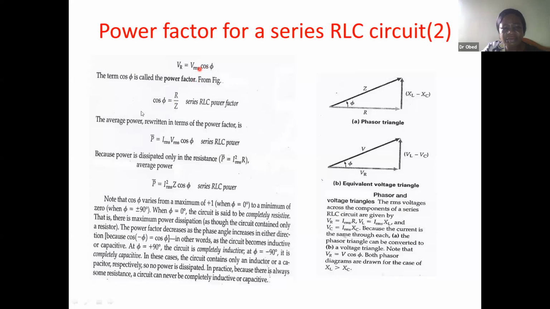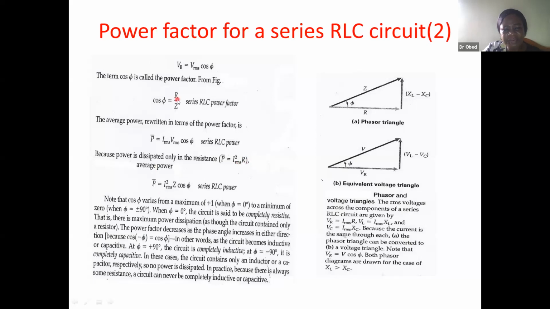If you make cos phi the subject of the formula, or you evaluate for the power factor, you have this as the series RLC power factor. Because power is dissipated only in the resistance, the average power equals I RMS squared times R. So the average power is given as this.